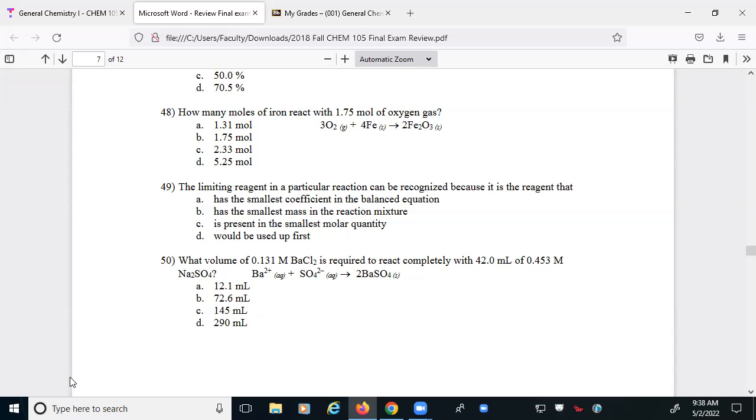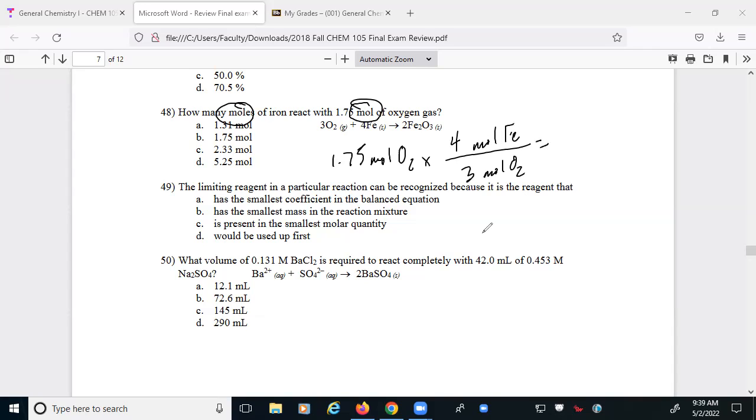When all it is, is just looking at it and saying, oh, I'm going from moles to moles. 1.75 moles of oxygen. Every 3 moles of oxygen gives me 4 moles of iron. 1.75 times 4 over 3 is 2.33.